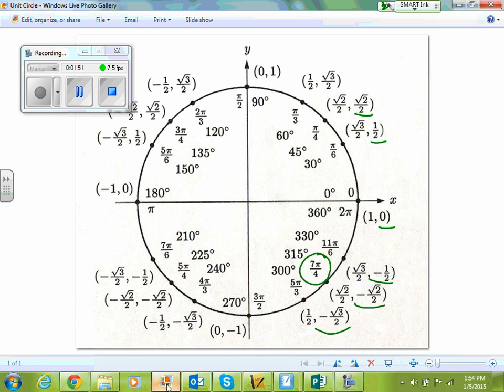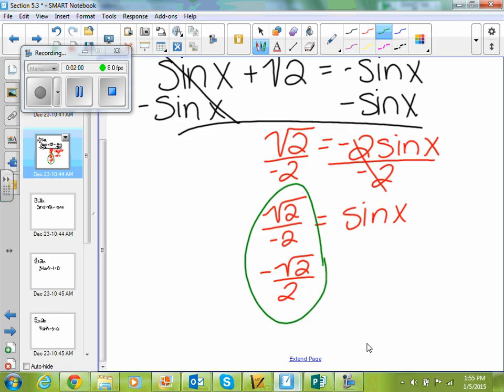Carrie, where else do I find it? 5 pi over 4. Very good. So that tells me that x is equal to 7 pi over 4 or 5 pi over 4. Either one would work, because you can find that value on your unit circle at either of those spots.